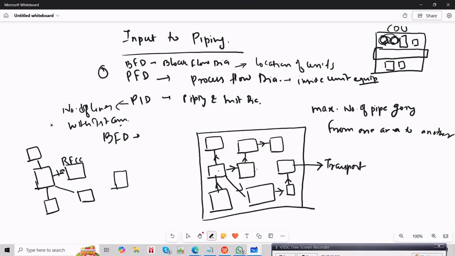This will give you the actual idea of how many lines, what type of equipment, what are the specs of the equipment, what are the sizes of the equipment, each and every detail, and what instruments are linked to that piping. Everything will be given in the PNID. Understand? So this is the first input to the piping.